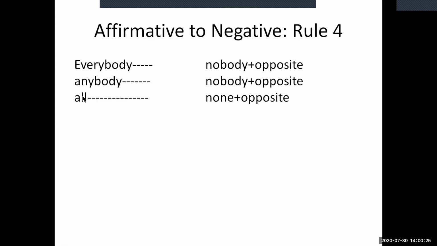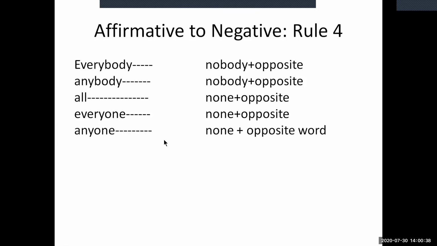If there is all, we use none plus opposite. If there is everyone, we use none plus opposite. If there is anyone, we use none plus opposite word or meaning. For example, everybody loves flowers.